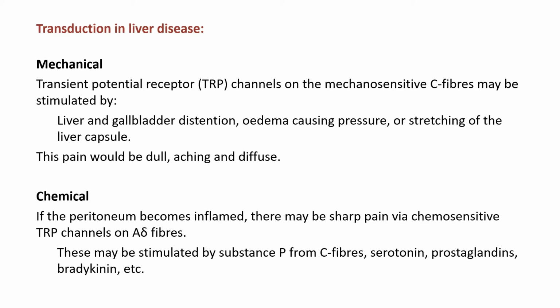Chemical transduction, if the peritoneum becomes inflamed, there may be sharp pain via the chemosensitive TRP channels on A delta fibers. And this may be stimulated by substance P from the C fibers, of course, serotonin, prostaglandins, bradykinin, etc., the chemicals. In terms of the liver, this seems less likely, because in liver disease we don't really get a rip-roaring peritonitis, for example.